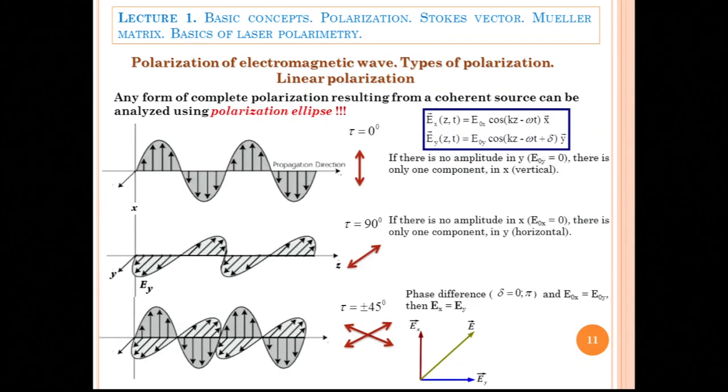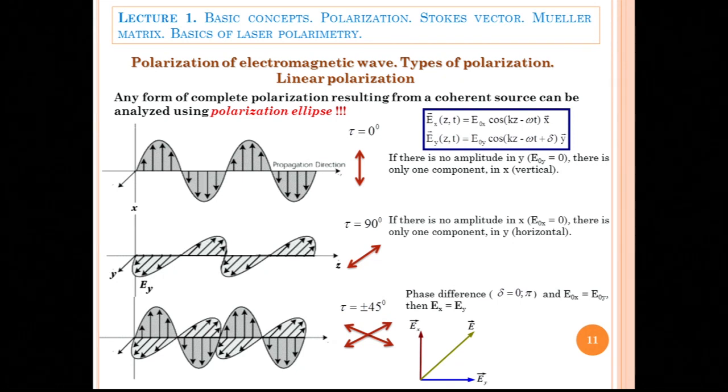On this slide, you can see the easiest and the most conventional type of polarization, often used in different investigations. It's linear polarization. It should be stated that any form of complete polarization resulting from a coherent source can be analyzed using the polarization ellipse.